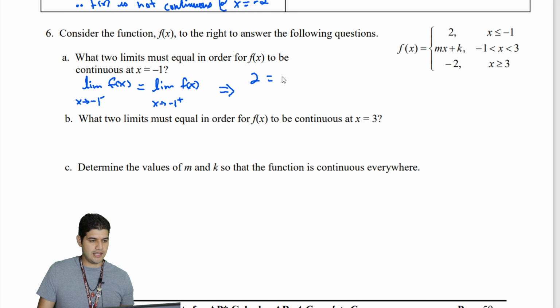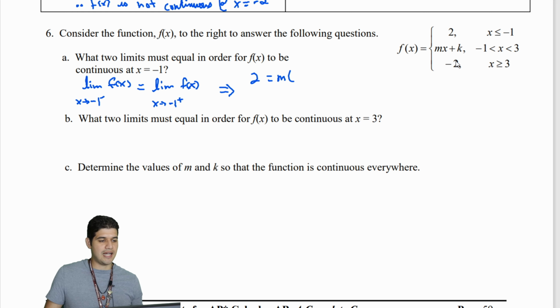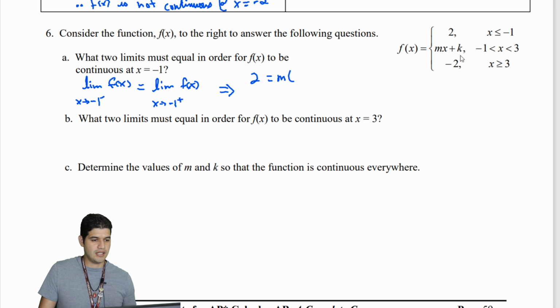So we'll say m, and since we're approaching -1 from the left side, it was 2, and then on the right side, we're using our second equation, so m times -1 plus k. So let's simplify that a little bit. So 2 must equal -m plus k.